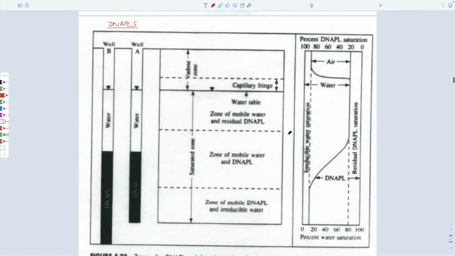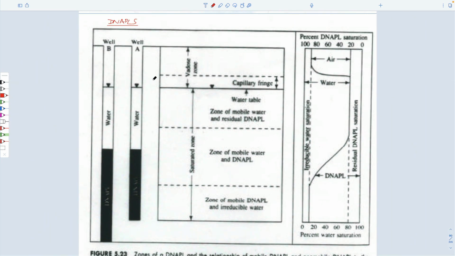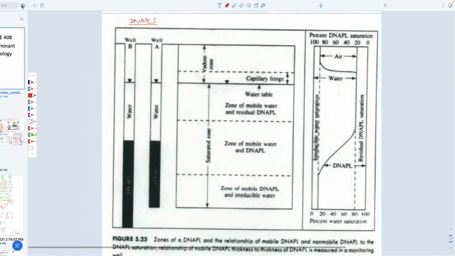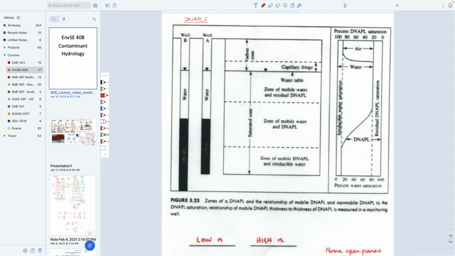So this is what we expect to happen. So you have a column that's had DNAPLs dropped in it. We know that as you drop it in, the only thing that stops it from moving is going to be an aquitard.